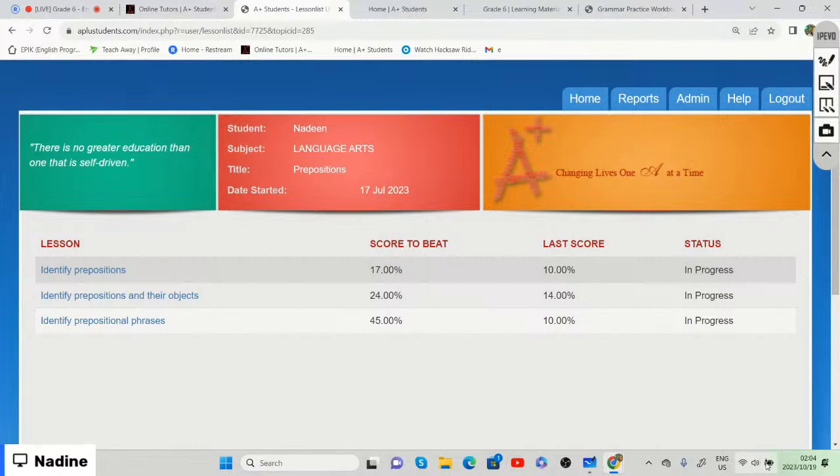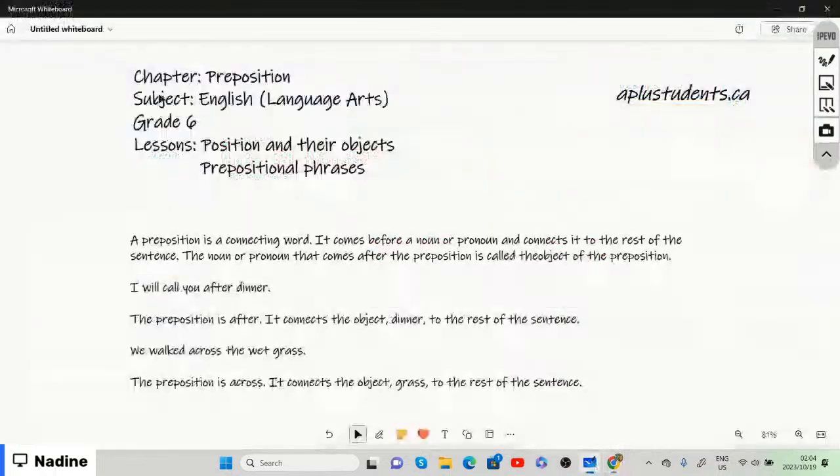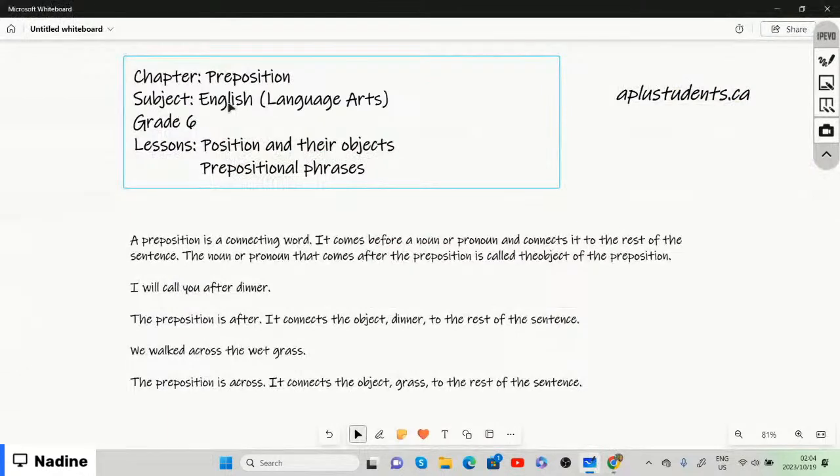All right. So our chapter is preposition. The subject is English language arts, grade 6. And the lessons that we are going to be focusing on are prepositions and their objects, and prepositional phrases.